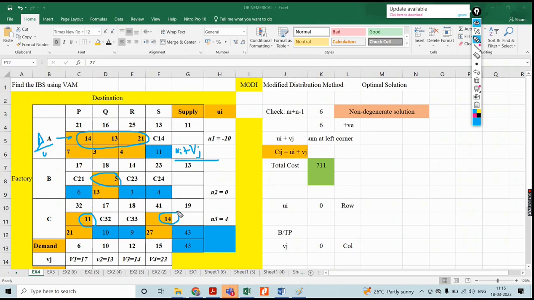What is the condition here? All the values we got are greater than 0: 13, 14, 21, 5, 11, 14. All are positive values. If the values are positive, then it is the optimal solution. Is it unique? Yes, it is unique.